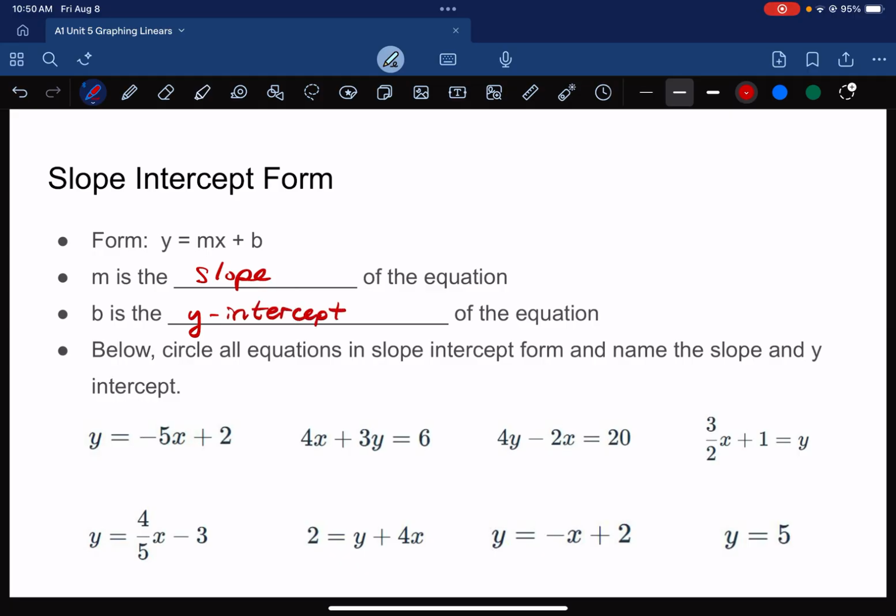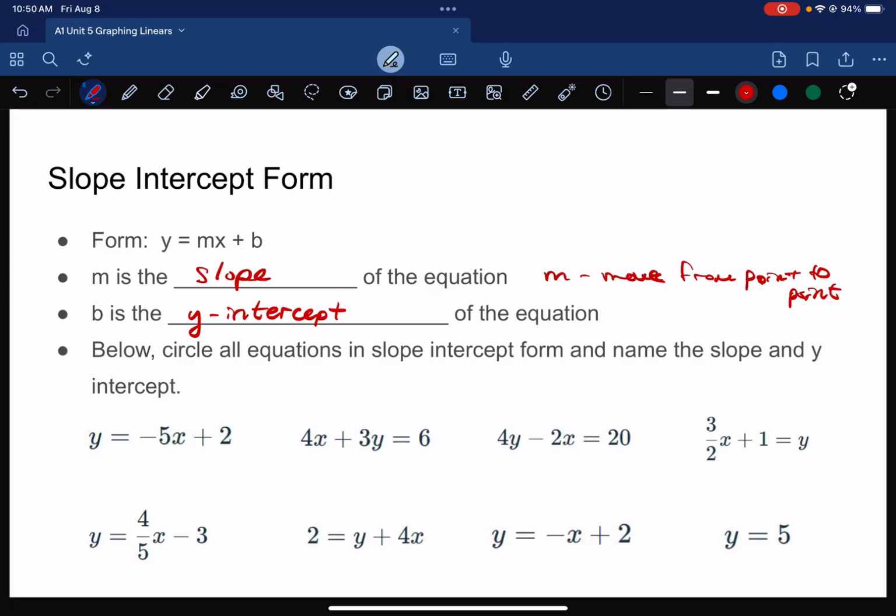And so we're looking to graph these things based on the slope and the y-intercept, just like we did in the last section, where I gave you things like a y-intercept or a point, and then you had a slope that told you how to move. So the slope, or m, I like to think of meaning move, meaning that's how you're going to move from point to point on the line, plotting points along the way.